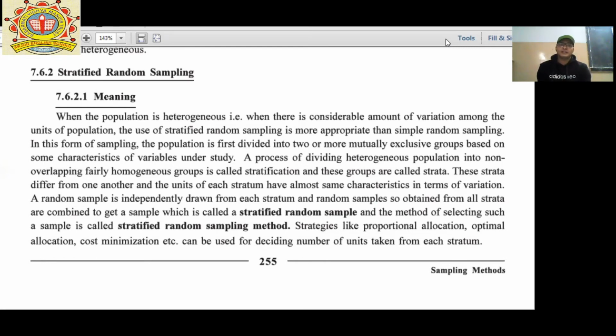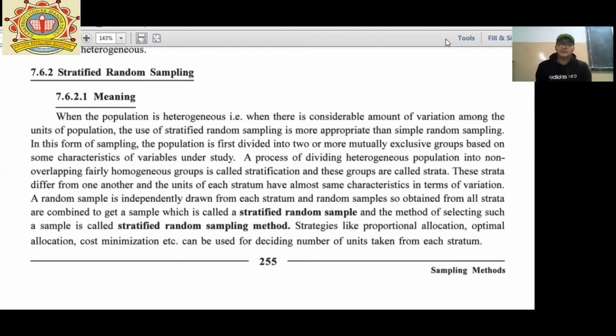These strata differ from one another, and the units of each stratum have almost the same characteristics in terms of variation. It means if we have divided the whole population into different groups, then in each group all the members are common. In another group, all the members are common, and in another group, all the members are common.